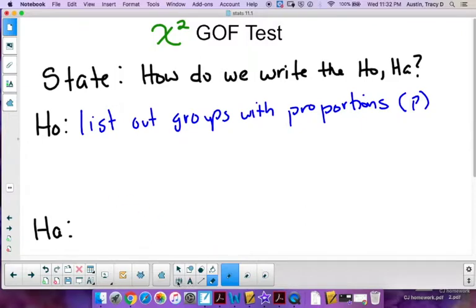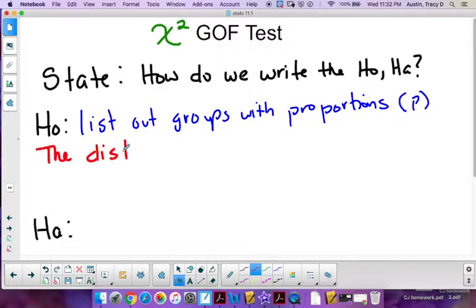The other choice is to write it out in words. And it's very specific as far as how it's stated, but it's not bad. It is literally that the distribution of, and you fill it in with whatever it is you're talking about. If it's M&Ms, you would say the distribution of M&Ms.